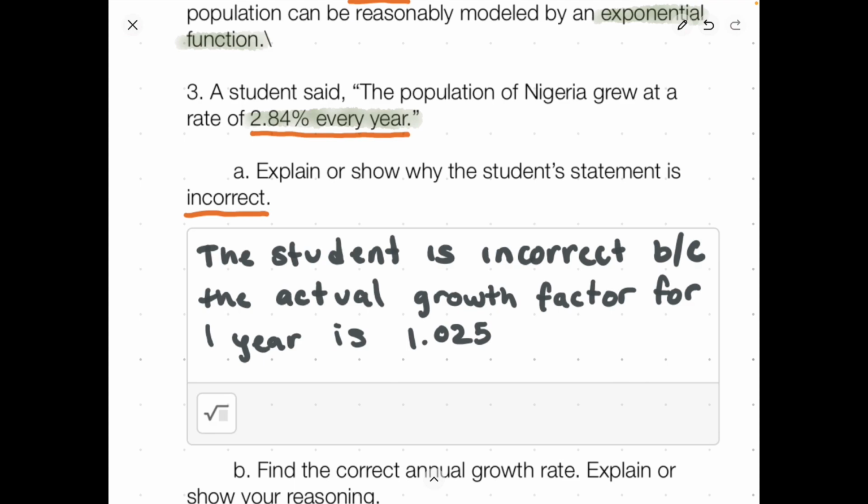Not what they said, which was 2.84%, right? Which would have been an actual growth factor.